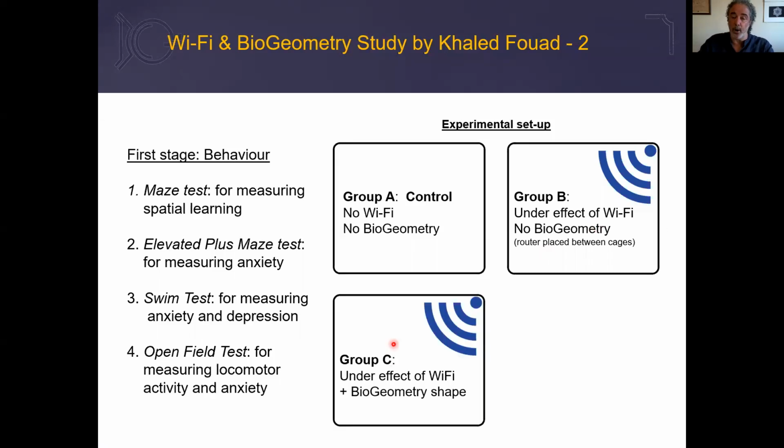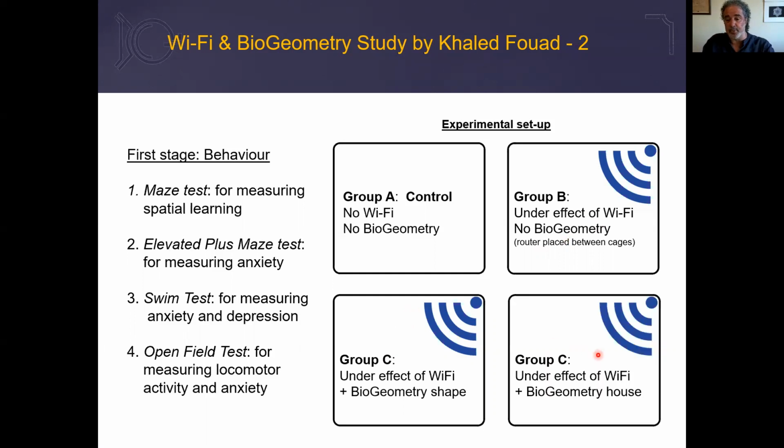Group C also had Wi-Fi, but this time they had a biogeometry shape placed close to their cages. If I'm not mistaken, the shape in question was actually the cube, which you already have from your home kit, which you have a lifetime to discover just how powerful that cube is, okay?